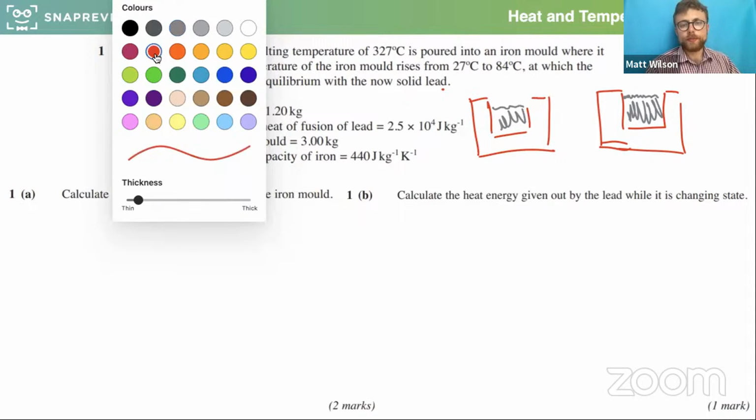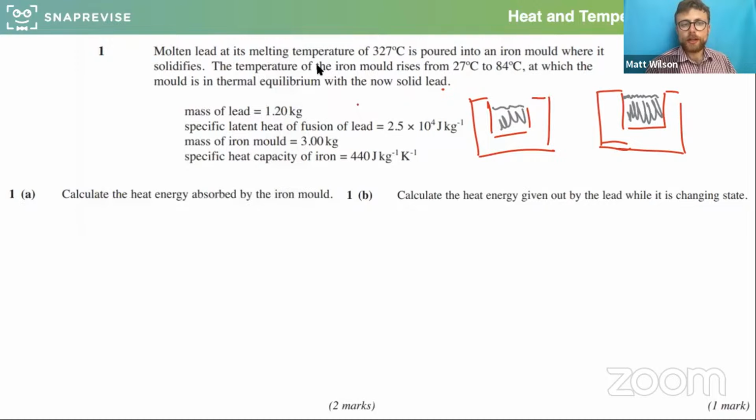Now let's read the question. Initially, the molten lead is at its melting temperature of 327 degrees centigrade, poured into our iron mold where it solidifies. The temperature of the iron mold rises from 27 degrees centigrade all the way to 84 degrees centigrade, at which point the mold is in thermal equilibrium with the lead.